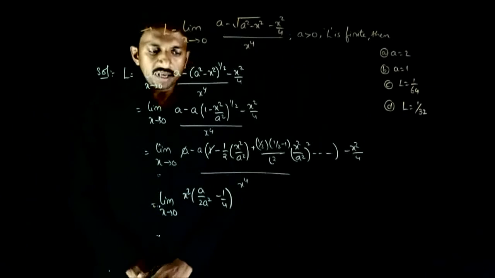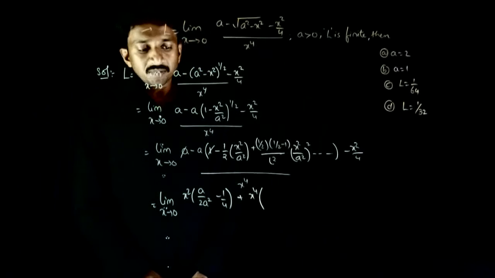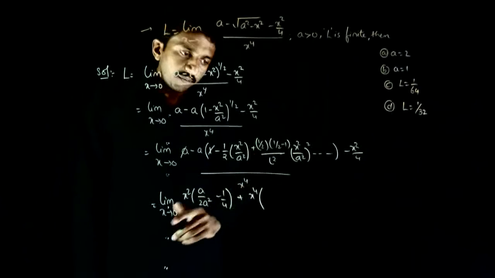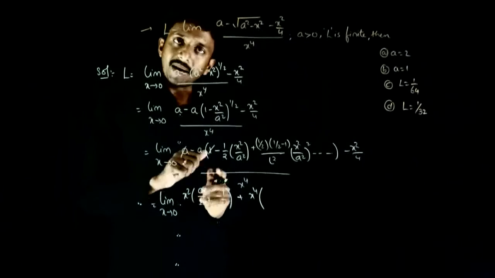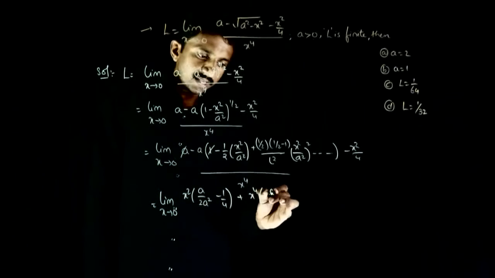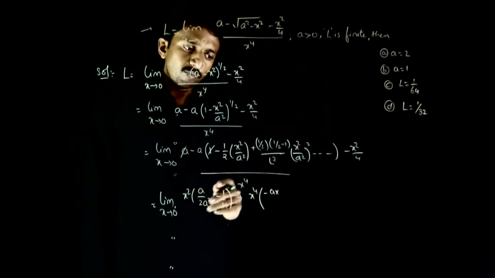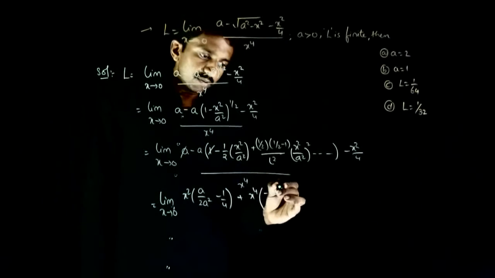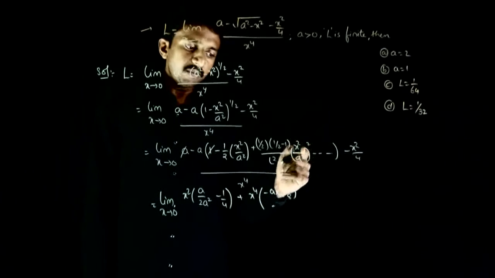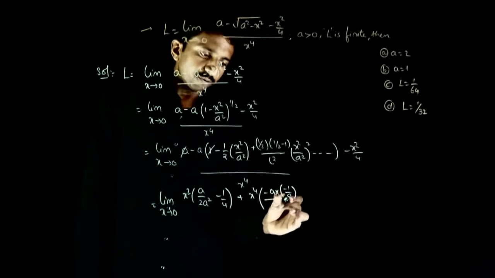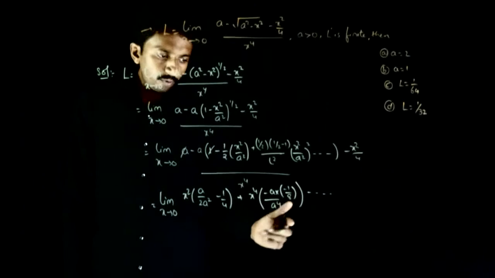So this is with x square. After this, with x power 4, what are the terms that you are getting? Only this term, 1 by 2 into minus 1 by 2. So here outside there is a minus a, so minus a into minus 1 by 2 into 1 by 2, minus 1 by 4, by 2, minus 1 by 8, and by a power 4, by a power 4.